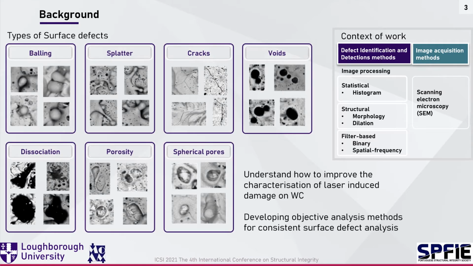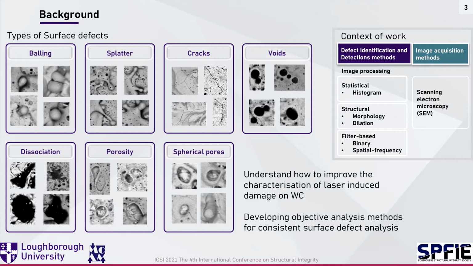The application of this is particularly useful in cutting tool materials such as tungsten carbide after operations like laser processing, where surface defects can be induced dependent on laser parameters. This includes balling, splatter, cracks, voids, and other defects as shown.